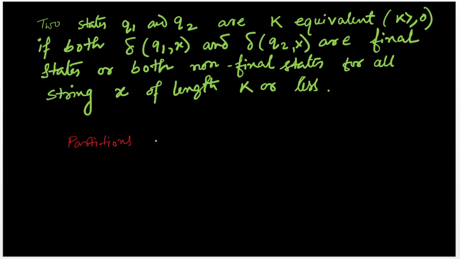Partitions can be denoted by pi and pi of k. The elements of this pi of k are k equivalent.